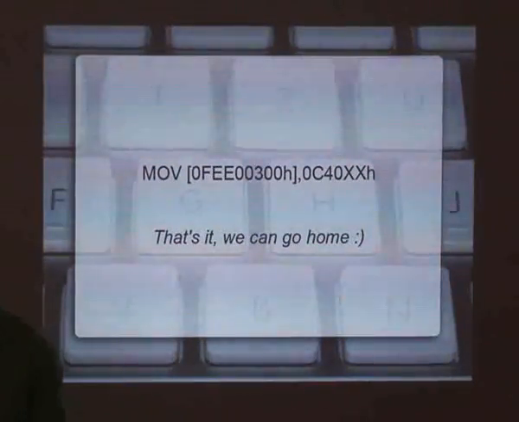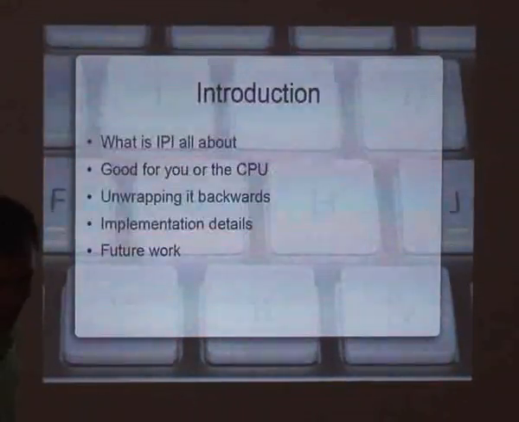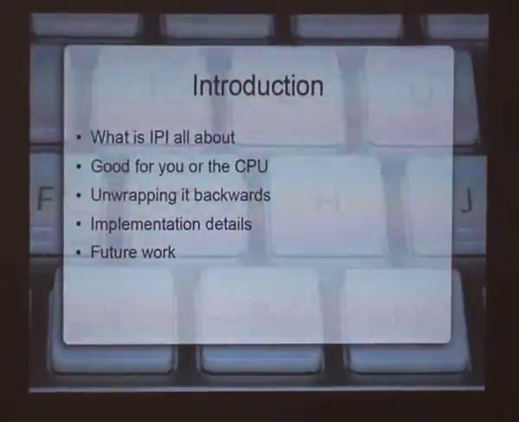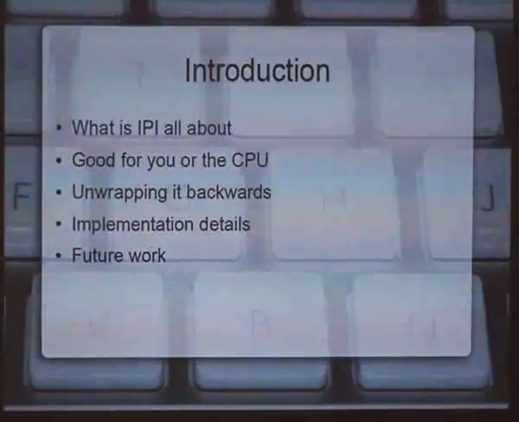That's it. Nice though. Actually, it's not that easy. As with virtualization, there's always some crosstalk in manuals, some details not to be missed. So let's start over. What are interprocessor interrupts all about?